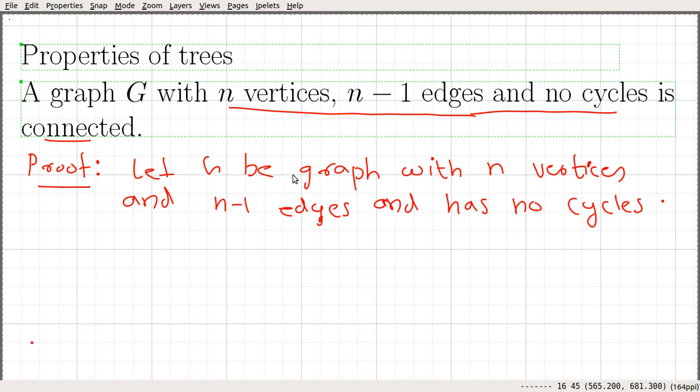Our goal is to prove that G is connected.